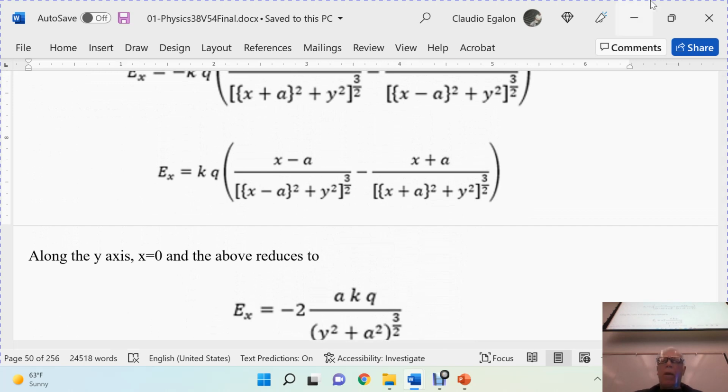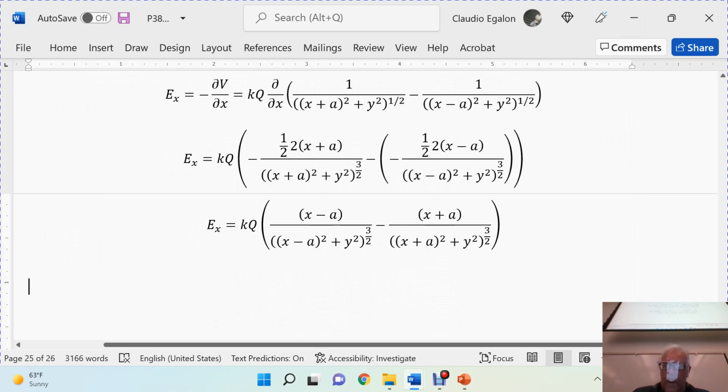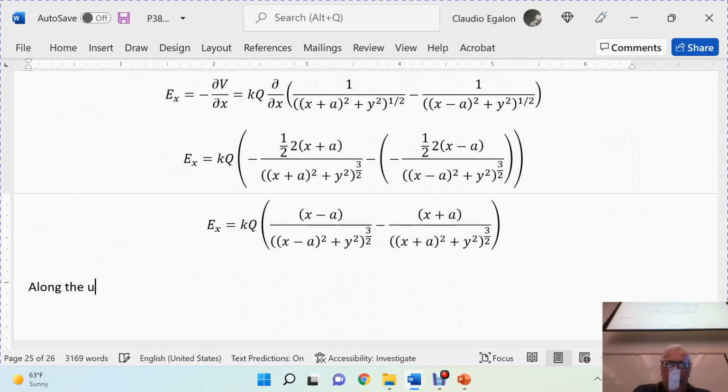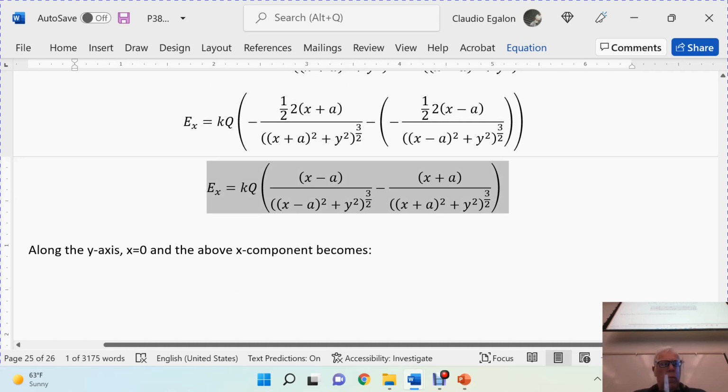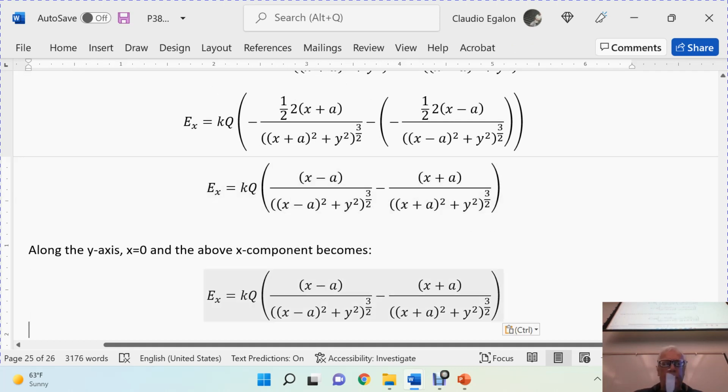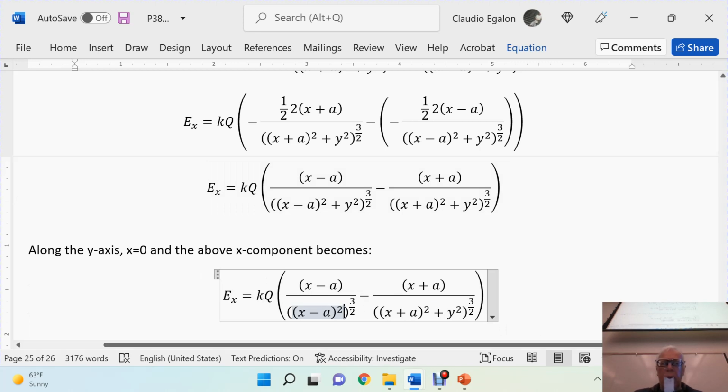Okay, along the y-axis, x is equal to 0, and the x component of the field becomes this one disappears, this one disappears.